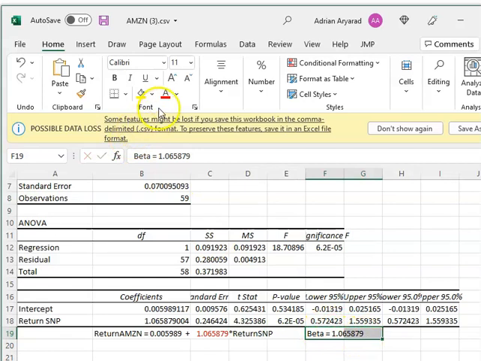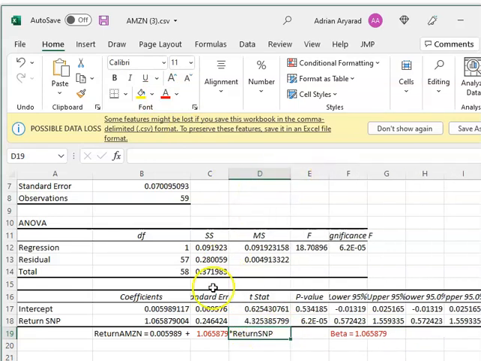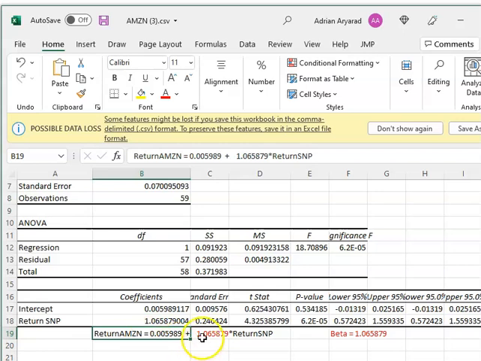This is beta, and what it means is if there's one unit change in return of S&P 500, we expect on average to see almost 6% higher return in Amazon. If such a thing happens, we can expect return of Amazon changes by 1.06.